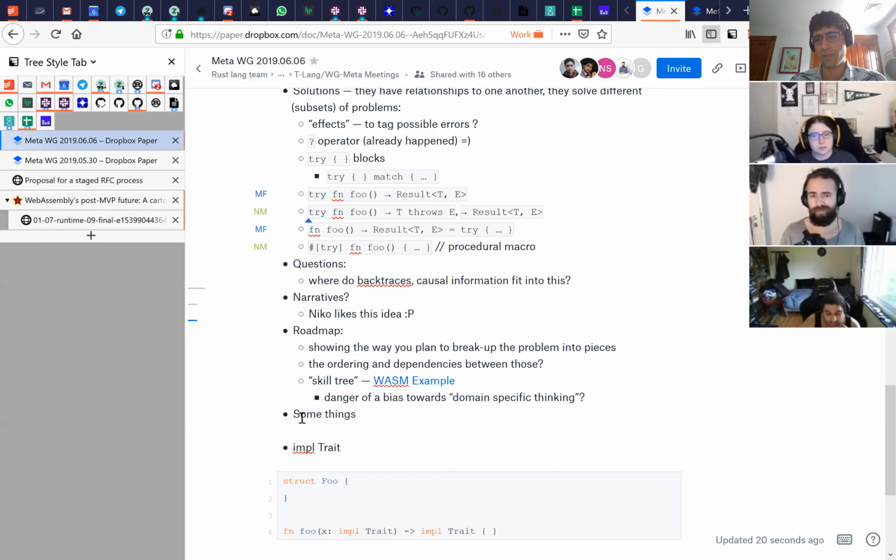Showing here are many different domains of things you might do with WASM, how they relate to one another, and here are features that benefit more than one. Yes. And that biases you towards trying to push things up the tree to the right spot. So I think the goal there is probably to have skill trees around an area, but that they should integrate into a larger skill tree that is like the language.